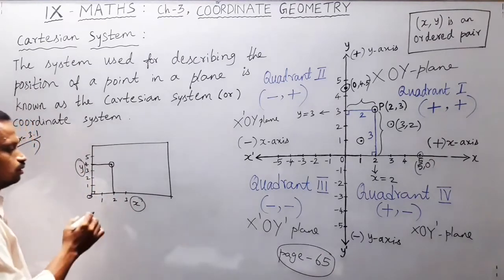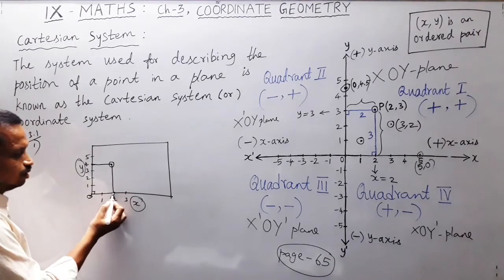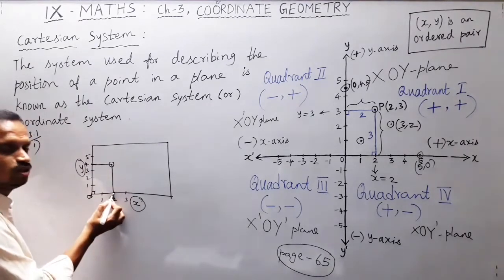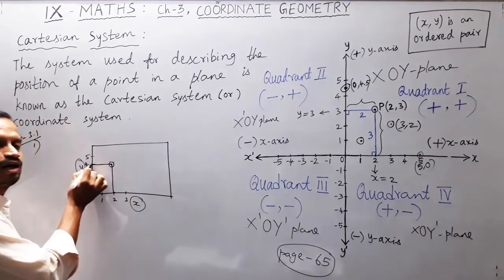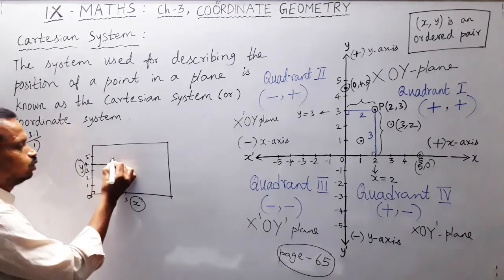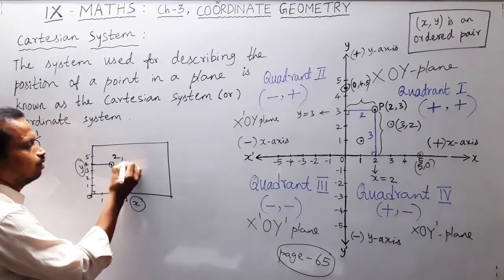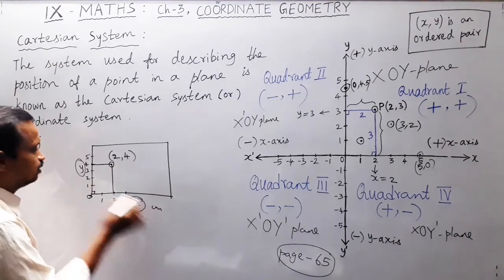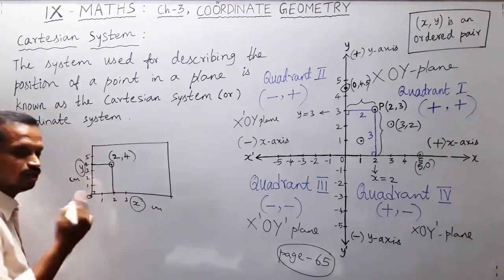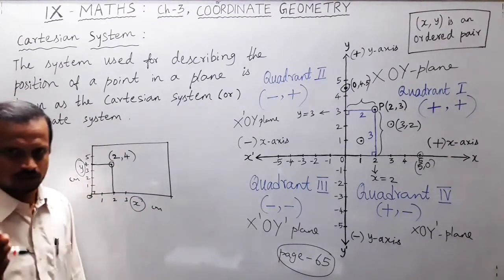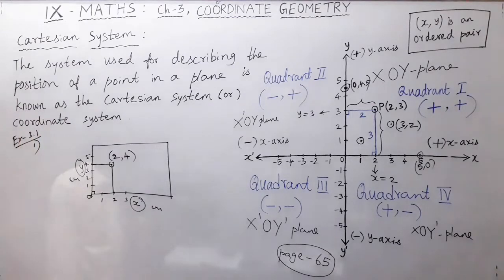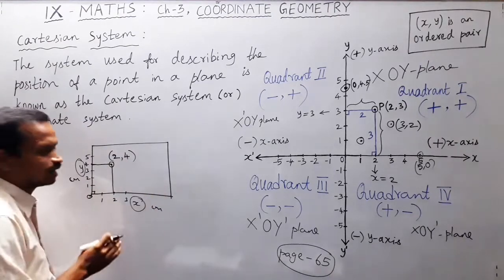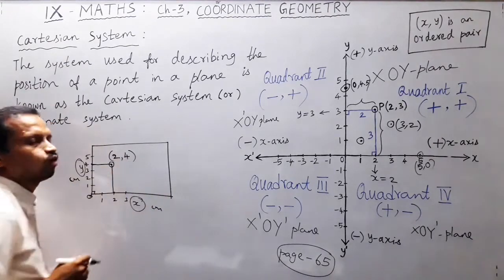The value 2 is the value of x and 4 is the value of y, so you can write 2, 4. For example, if each is in centimeter, with a scale the centimeter graduation will be there. So this is 2 centimeter along the x axis, and along the y axis this is 4 centimeter.